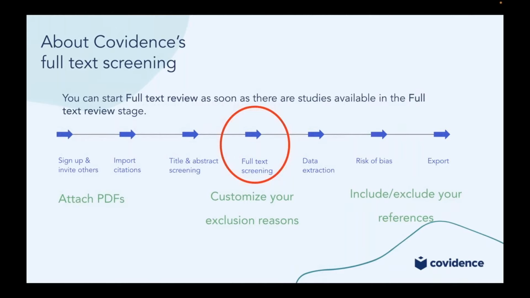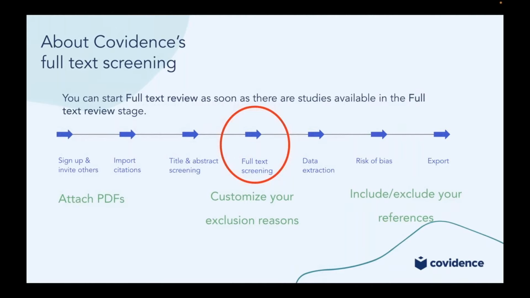The platform allows review teams to significantly reduce the amount of time spent on reviews, so you are able to produce high quality evidence faster. We have a full-time team based around the globe who continuously work on improving the product and who provide technical support to our user community. Covidence is entirely cloud-based, so there's nothing to download. And we support the world's largest review community with more than 300,000 users around the world.